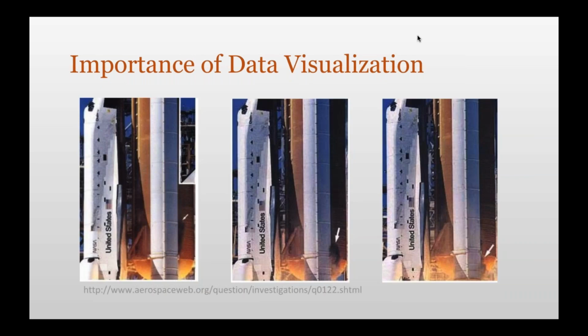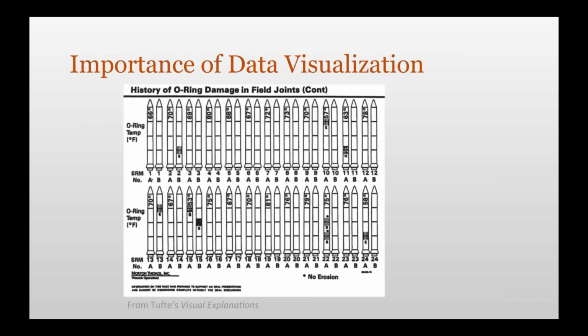Basically, this was used as a key example in one of Edward Tufte's books, Visual Explanations, actually the one I just showed you guys. When the engineers were working on safety precautions and what to watch out for, giving the okay for this launch, they were referencing something that looked like this.